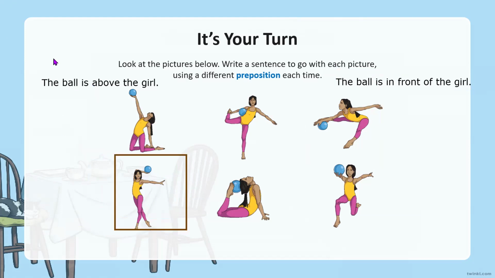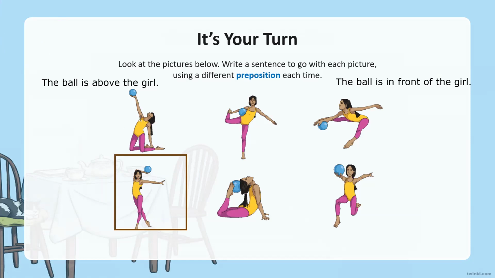The ball is between the chair and the arm.